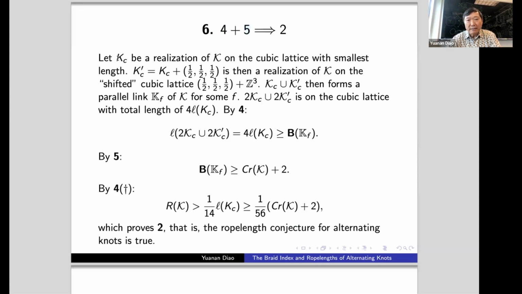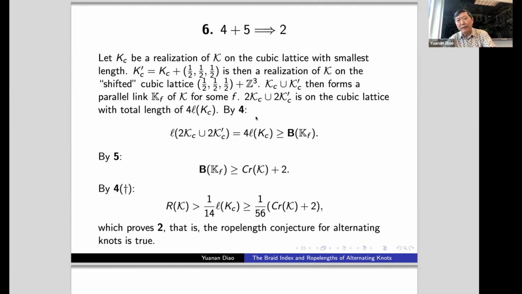Well, let's say Kc is a realization of K on the cubic lattice with the smallest length. Okay, so L of Kc is our smallest. And then what I will do is I will take a double copy by pushing away the copy Kc by adding a half on each coordinate.